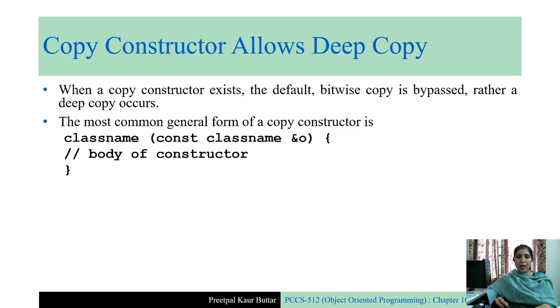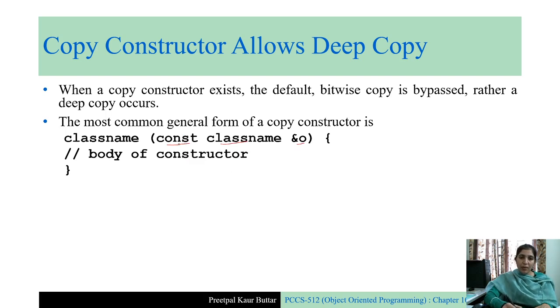And what is the syntax of creating the copy constructor? The class name, because this is a constructor, therefore it will have the same name as the class. And here we have const class name ampersand o, and this is the body of the constructor.